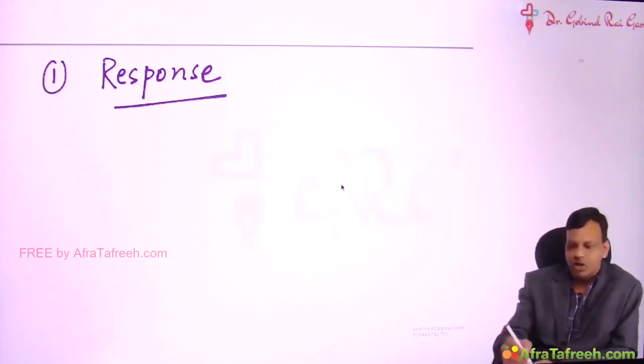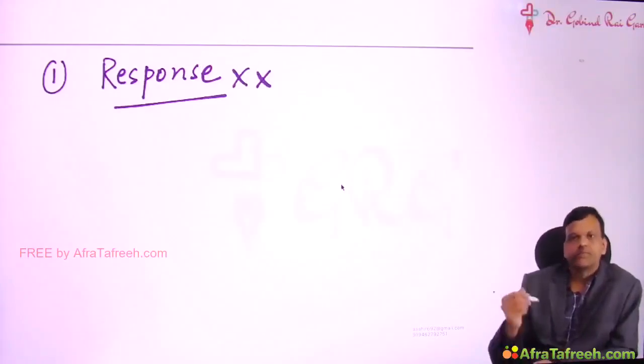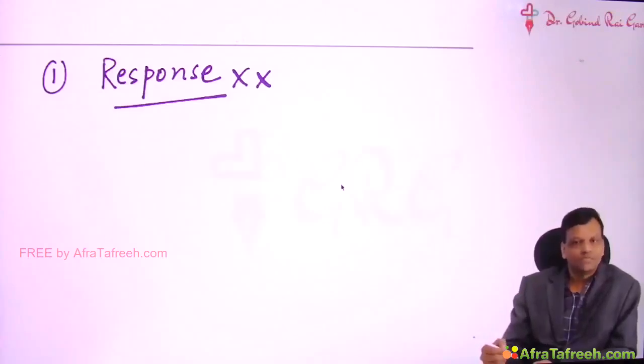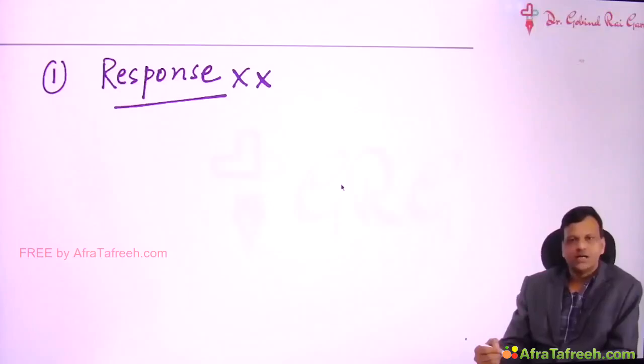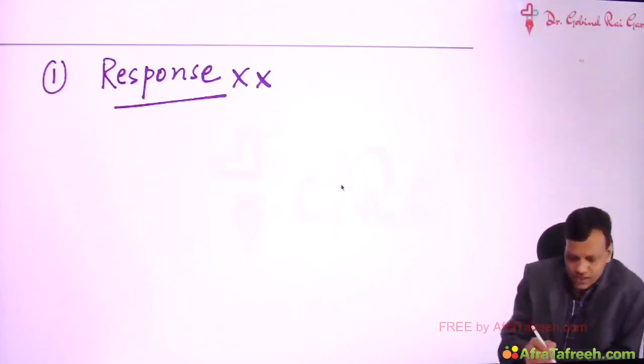But if the response is not measurable, like the person has epilepsy or cancer, then we can think of doing TDM. So suppose the condition is such that we are not able to measure the response, but the drug is very safe.